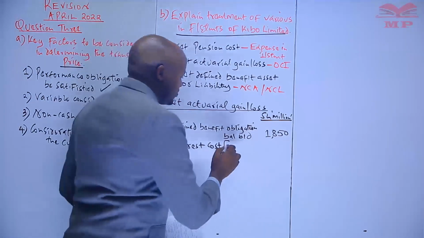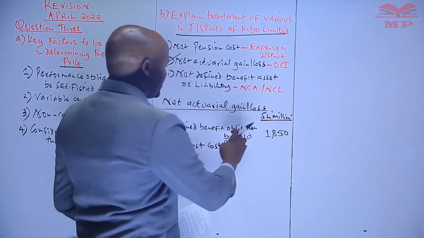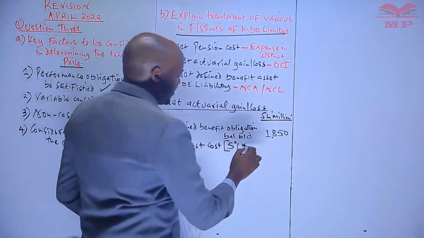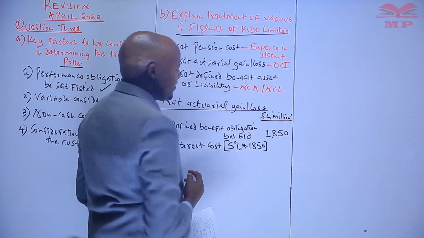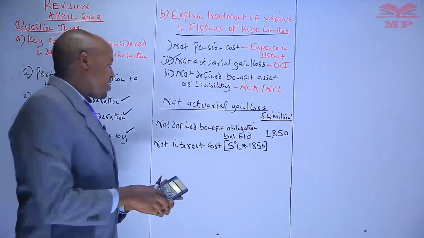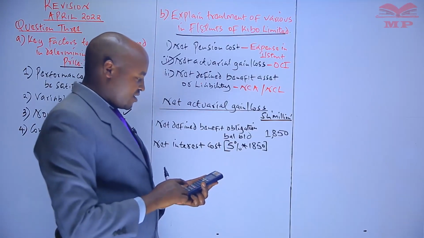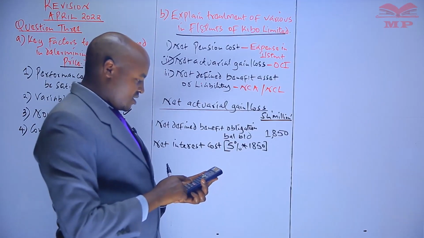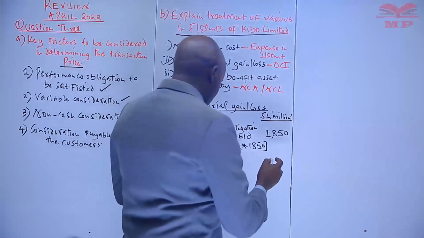So we take 5% of the net defined benefit obligation at the start. So we take 5% of 1850, that is 0.05 times 1850, which gives us 92.5.